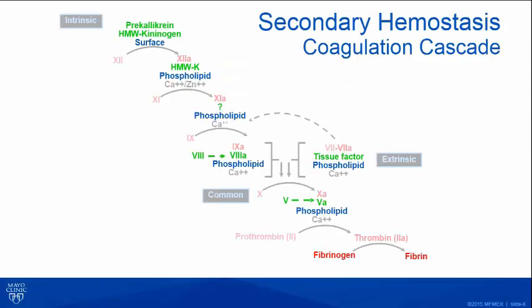Secondary hemostasis is the coagulation cascade that we commonly refer to. We're all very familiar with the extrinsic pathway and intrinsic pathway. Under physiological conditions, the extrinsic pathway is very important. It's a key player in the initiation phase of hemostasis.